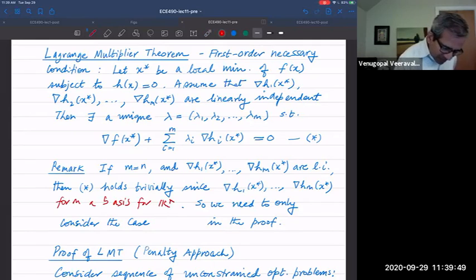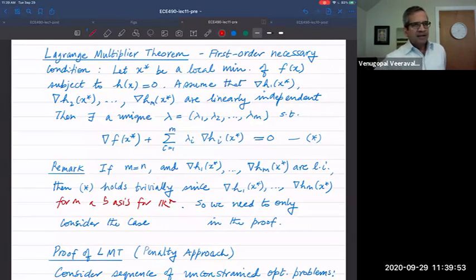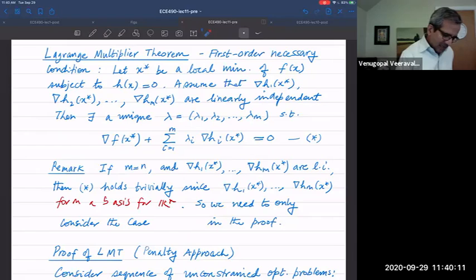Since they form a basis for Rn, I can express any n-dimensional vector in terms of them, and in particular, I can express the gradient of f at x star in terms of these. So you get it trivially. You really only need to consider the case where m is strictly less than n in proving the Lagrange multiplier result, because the case m equal to n is automatically covered. There's nothing to prove. It's not surprising.